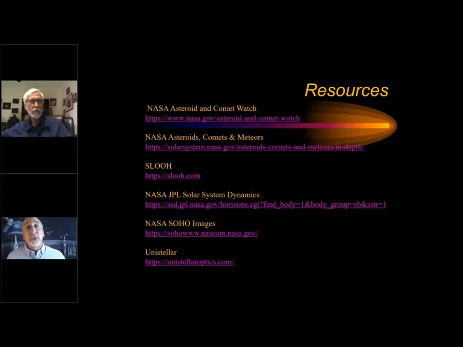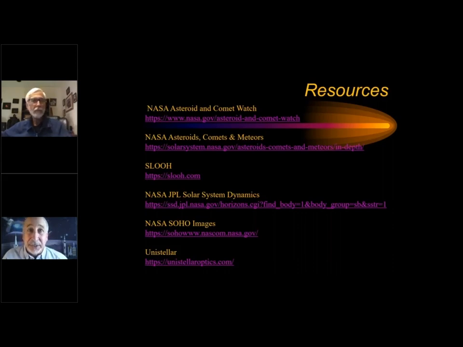And if you just want to do it all from your desk and your armchair, here's the website for downloading SOHO images, from the NASA SOHO telescope, which is constantly imaging the sun. There's dozens or more amateur astronomers who are scouring through those images and have discovered comets, because as they get closer to the sun, they get harder to see.